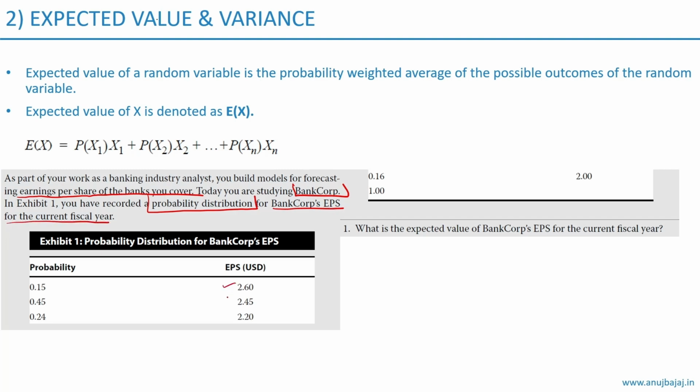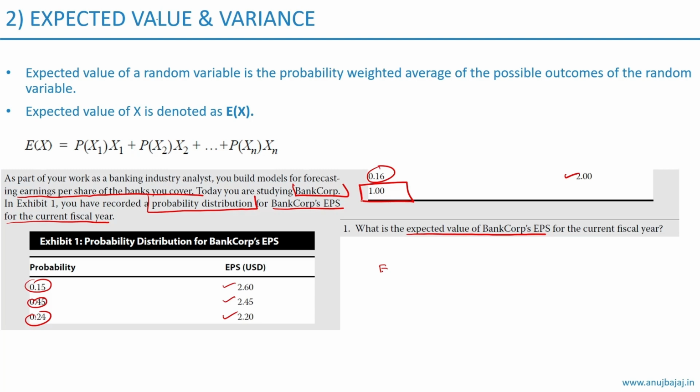So you have the following earnings per share for bank COP, and you are also given the probability of each earnings per share. The sum of all probabilities equals 1, that is 100%. What is the expected value of bank COP's earnings per share for the current fiscal year?